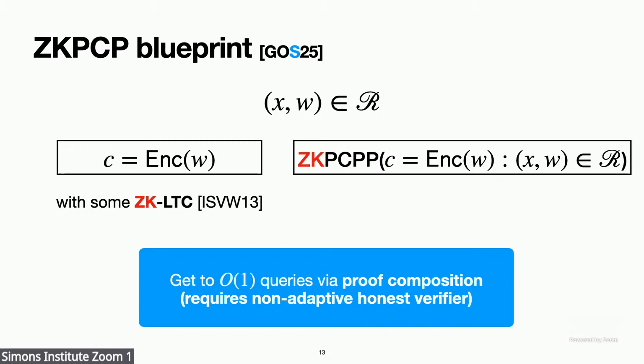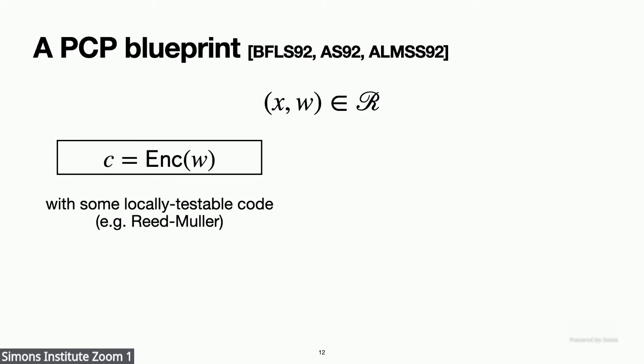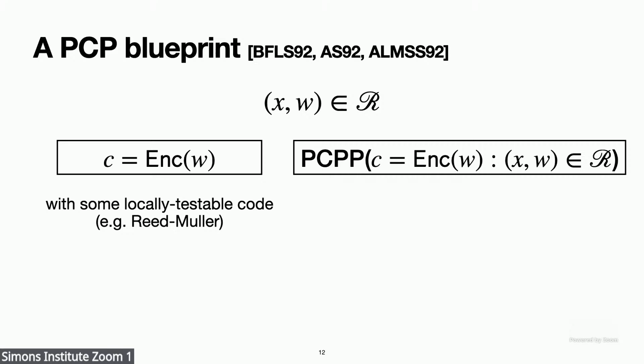So there's a ZK LTC over here. What we need is this: here I have two sources of leakage of information about the witness. One of them is that I literally wrote down an encoding of it over here. If you can query into this encoding and it just has the witness in it, then obviously that's not zero knowledge.